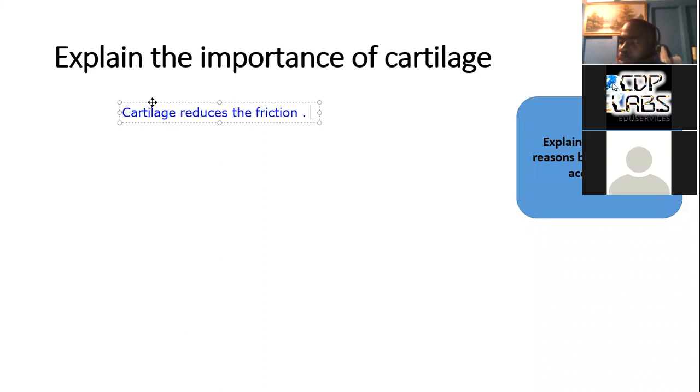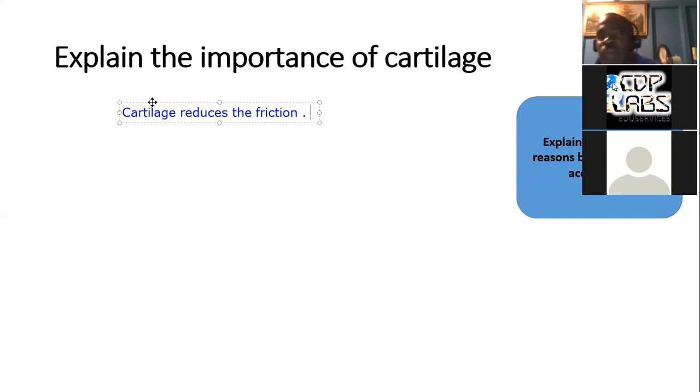So how would you now add to that? It spreads the load to prevent shock between bones. Come again? It spreads the load to prevent shock to the bones. All right. So that's another function.